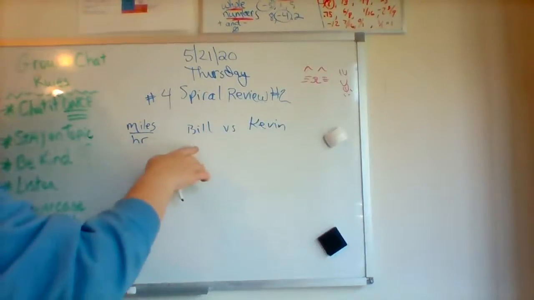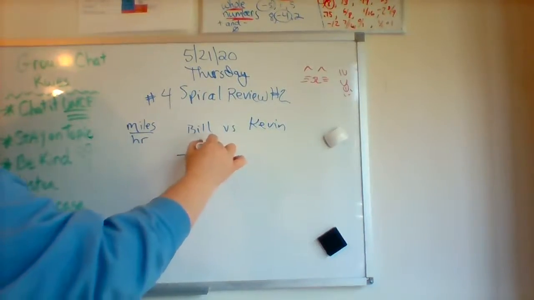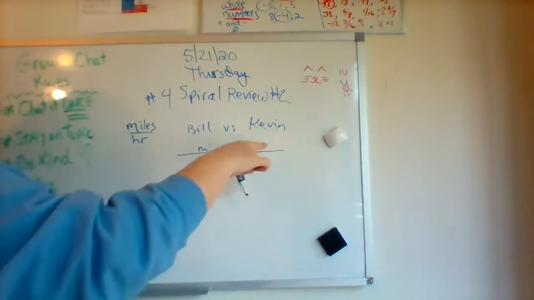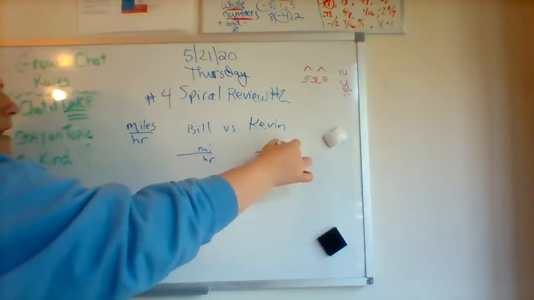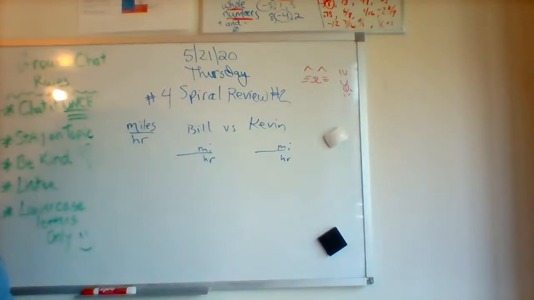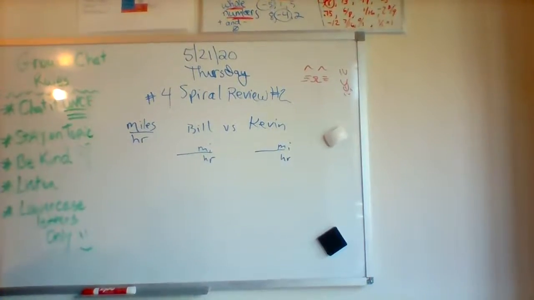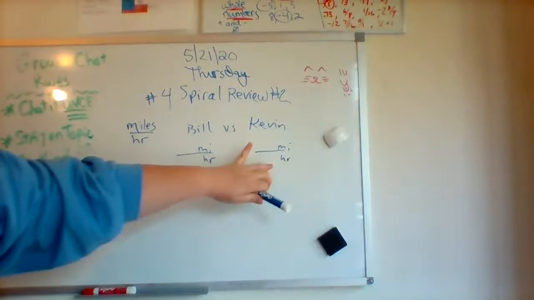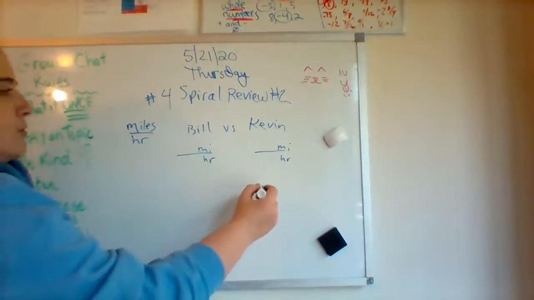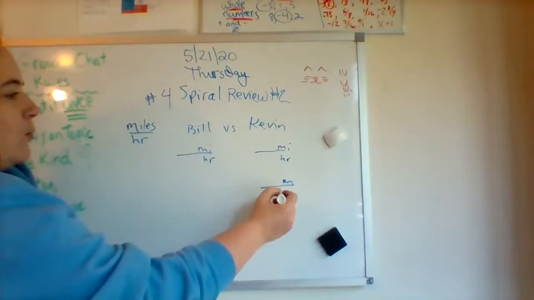Okay, I need an example of Bill's miles per hour and an example of Kevin's miles per hour. Because if you notice in Kevin's table, they don't tell you for 1 hour. They tell you for 0, 2, 3, 5, and 6. So I need you to pick one of those and we'll simplify it down so that we get miles per 1 hour.